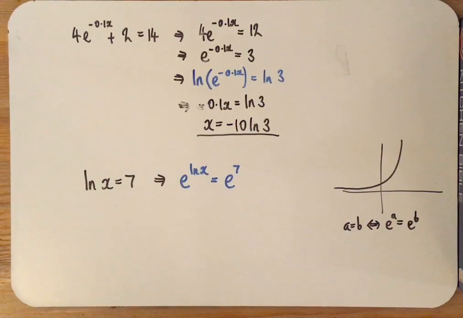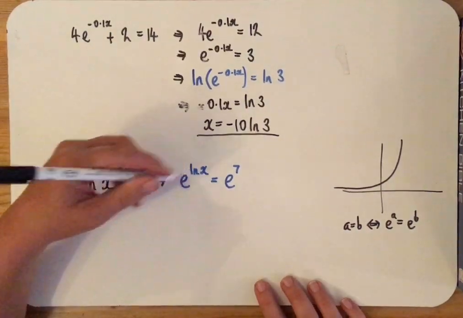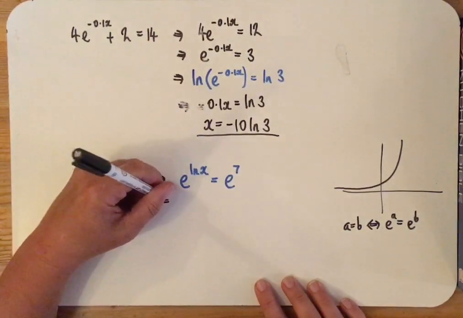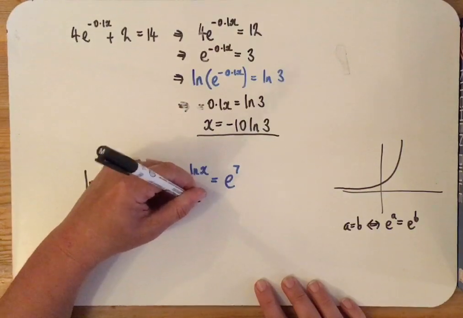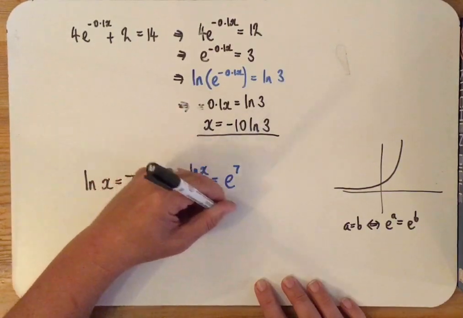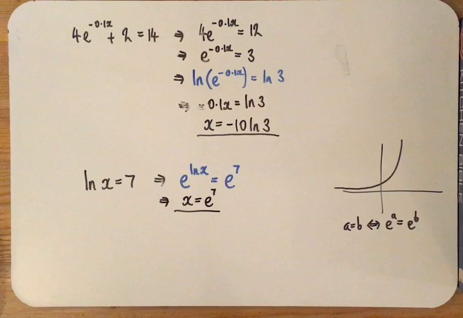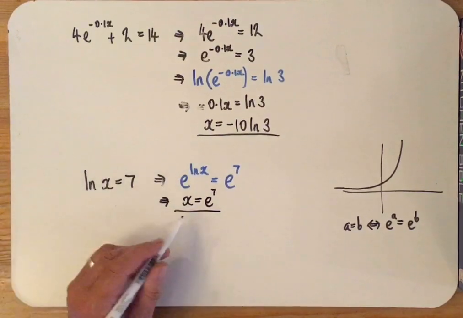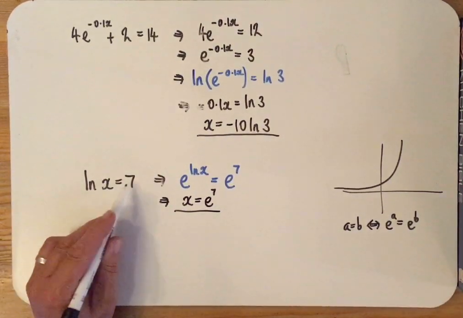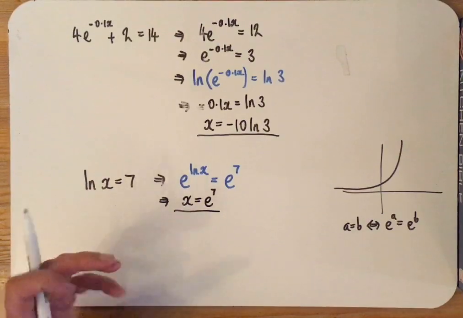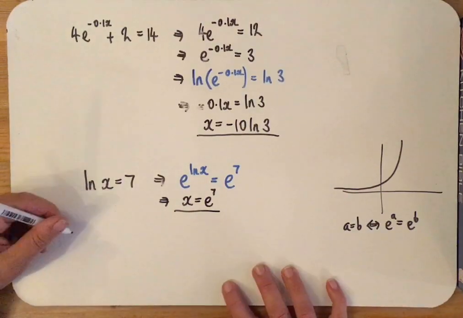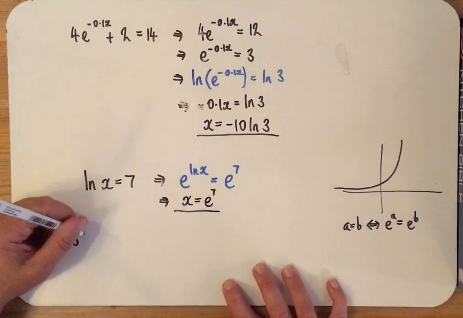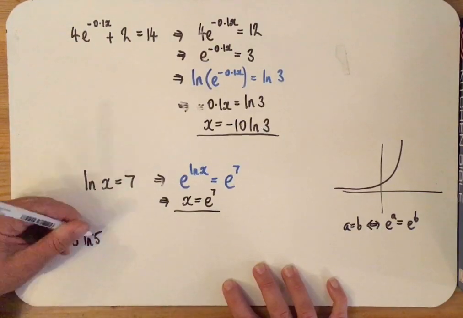That's not always going to be true. Right, so e to the ln x is x, and so x equals e to the power 7. But you know that because you can rewrite this as a logarithm, but it's subtle, it's just changing the shift a little bit to inverses, which will be really useful as we go through.